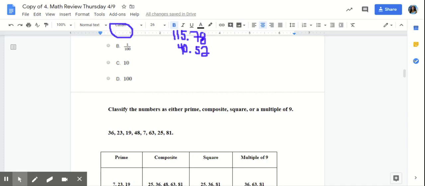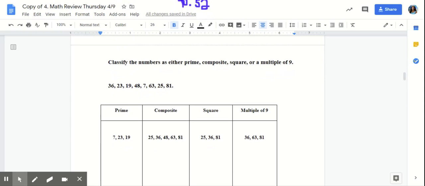A square number is the product of a number that has been multiplied by itself. For example, 2 times 2 is 4, so 4 is a square number. For a multiple of 9, when the sum of the digits equals 9, it is a multiple of 9. So let's classify our numbers.